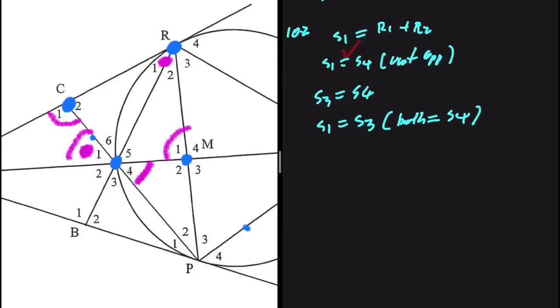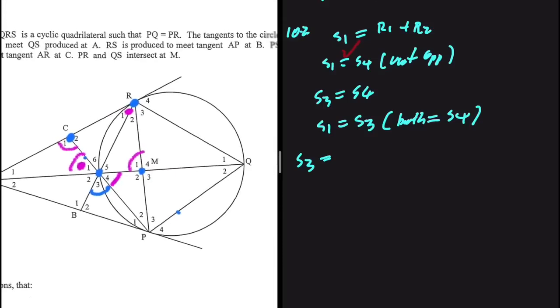Let me remind you of something. We said that S3, this angle right here, is equal to Q1 plus Q2. That is because SRQP is a cyclic quad, so S3 is equal to angle Q, the exterior angle of a cyclic quad.